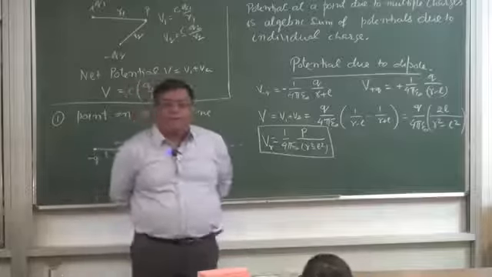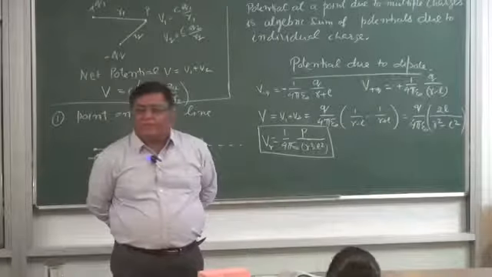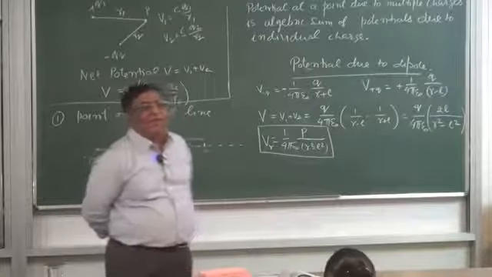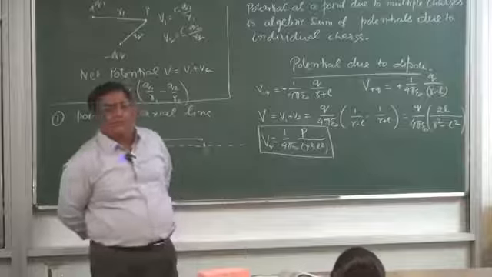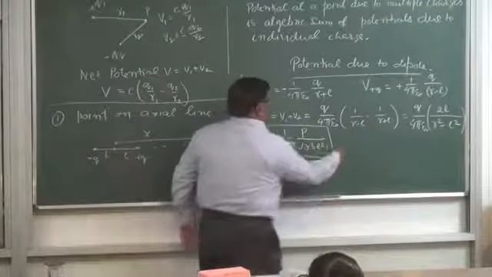In this case, if the dipole is very small, the length is small, and the distance r is very large compared to length, then we can neglect L square while subtracting it from r square.